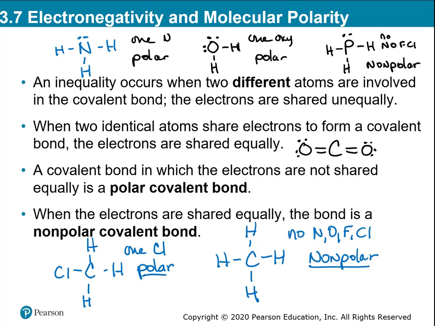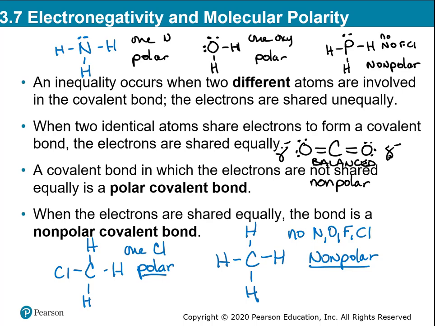What is that going to do? They balance each other out. So if you have more than one nitrogen, oxygen, fluorine, or chlorine, you have to think about the geometry. Do they balance themselves, or are they all on one side? This side becomes slightly negative, this side becomes slightly negative, and this is balanced. They balance themselves out, and that is nonpolar.